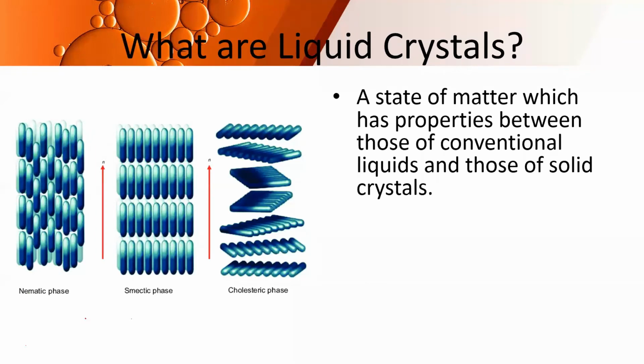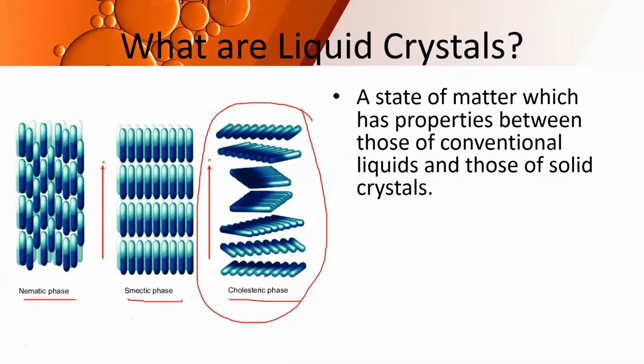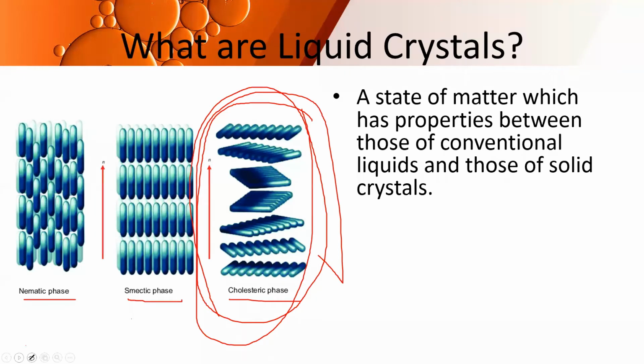They allow light to pass through them, and they can align themselves whenever electricity passes through them. Normally they come in three phases: nematic phase, smectic phase and cholesteric phase. You can see a kind of helical structure being formed in the cholesteric phase. Any liquid crystal which is in this phase is used for your LCD monitors.